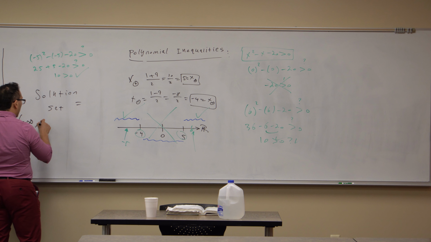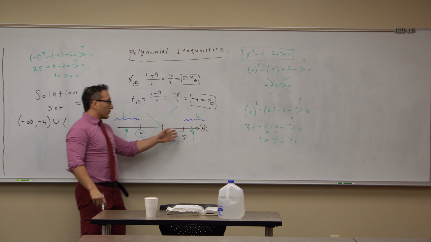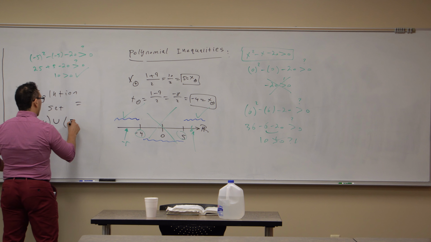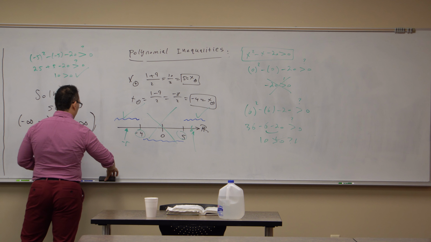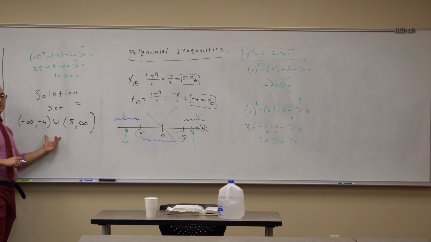That's negative infinity to negative 4. Union, all the values to the right of positive 5, but not including positive 5. There we go. And here is our solution set.